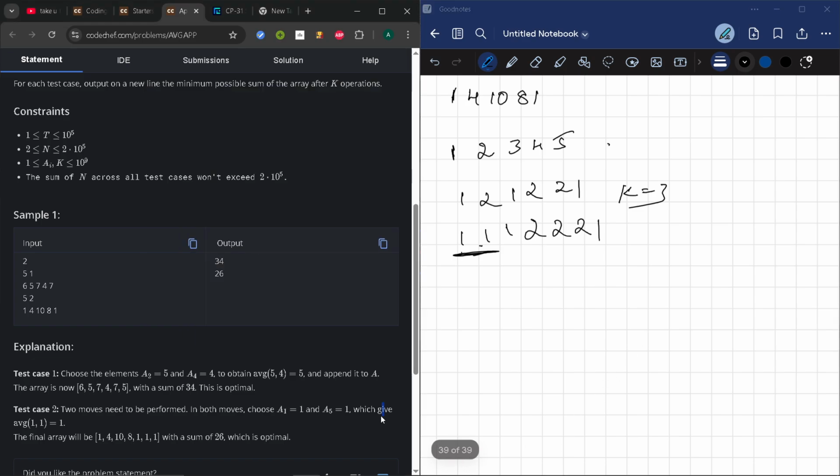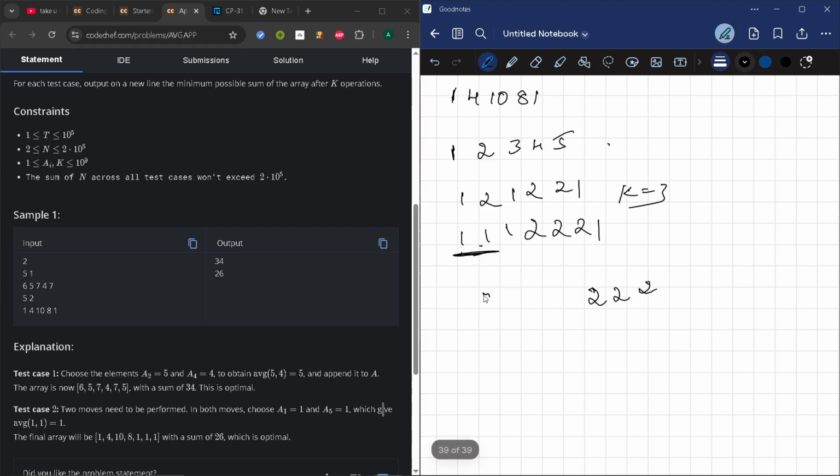When I get the minimum sum, I'll just take the average of that and append it k times so that I'll get the minimum answer. But what if the average which I'm appending can give me further minimum answers? That is the edge case I feel, because let's say I got an average of 2, then another average as 2, which will give me 2.